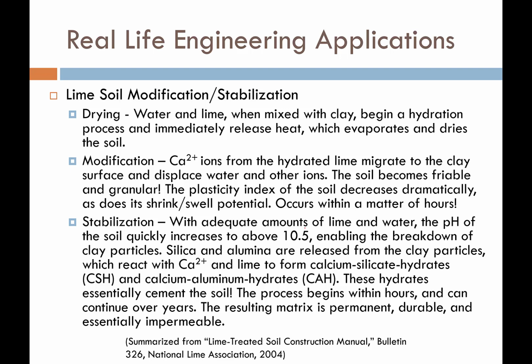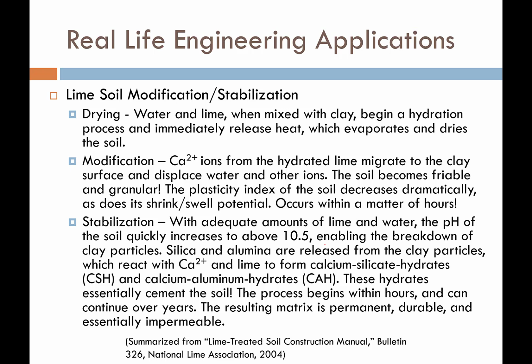Silica and alumina are all released from the clay particles, and then they react with the calcium and the lime, and they form calcium silica hydrates and calcium aluminum hydrates. Guess what that is, folks? That's like concrete. They cement the soil. They make it hard. So that process will begin within hours and will continue chemically over weeks, months, and even years.